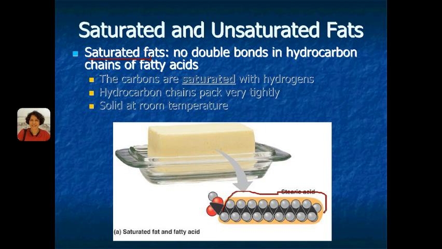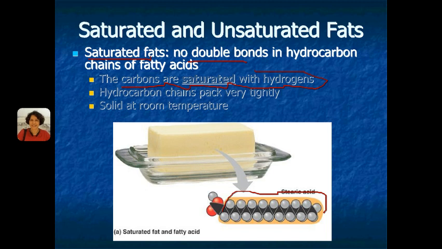In saturated fats, the carbons have the maximum possible number of hydrogen atoms about them, and that also implies that there are no double bonds in that hydrocarbon chain. Every time you introduce a double bond in a hydrocarbon chain, in order to do that, you have to lose 2 hydrogen atoms. So in order to have the maximum number of hydrogen atoms, you have to have only single covalent bonds in the hydrocarbon chain.